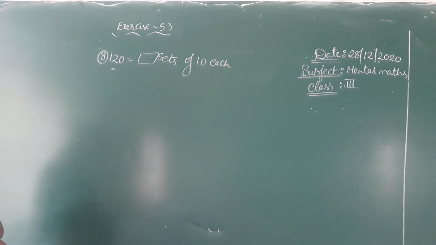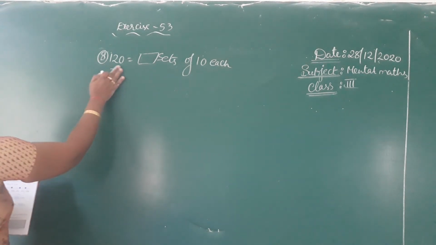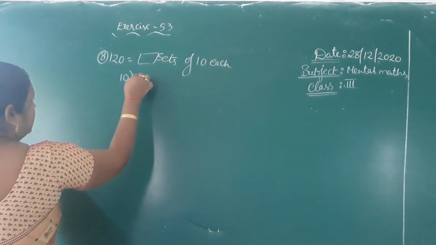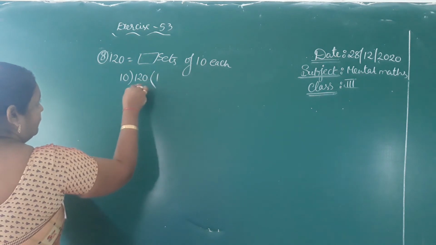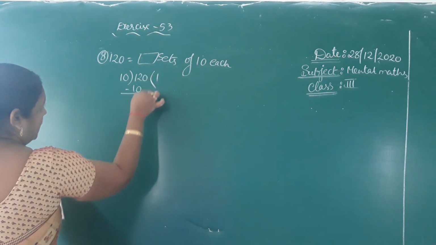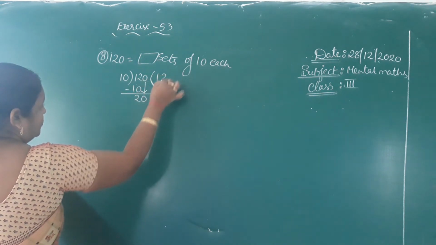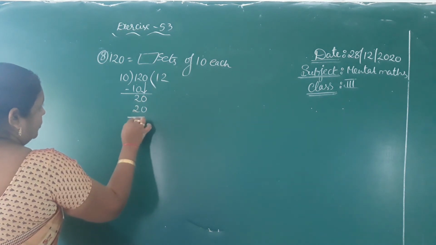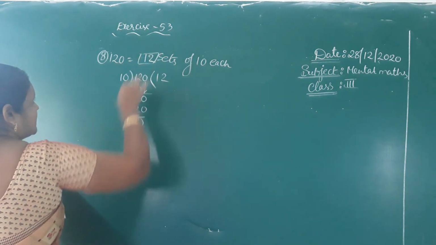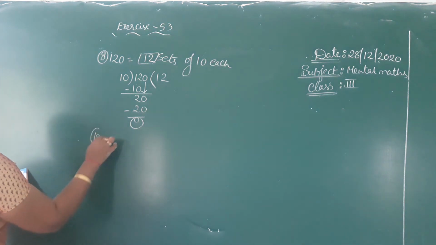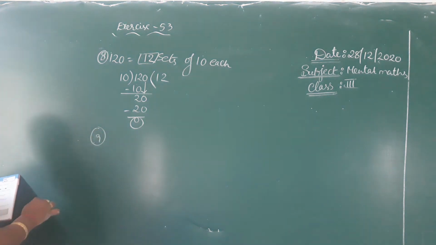That means in 120 how many tens are there? That means if you divide 120 by 10, 10 ones 10, remainder 2, now drop down 0, 20, 10 2s 20. So how many times is it? 12 sets of 10. It is 12 sets of 10.